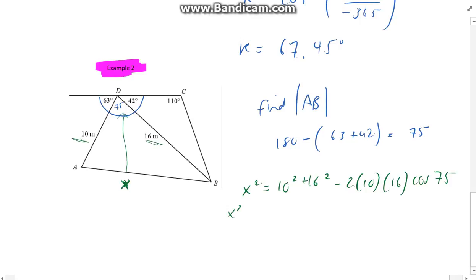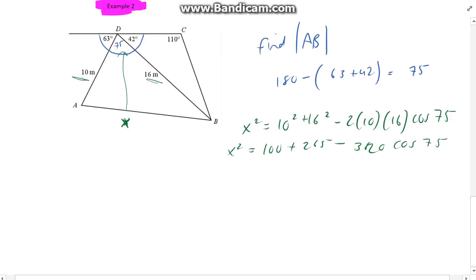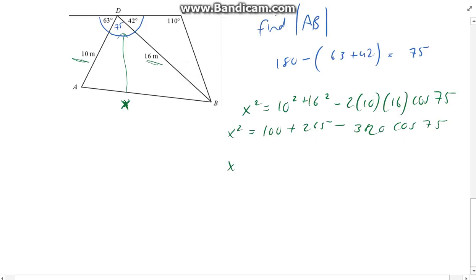So I have x squared is equal to 10 squared, which is 100, plus 16 squared, which is 256, minus 320 cosine 75. All of them are numbers on the right hand side of that equals, so I can input them all into my calculator. So I'll have 100 plus 256 minus 320 cosine 75. That gives me 282.1779.